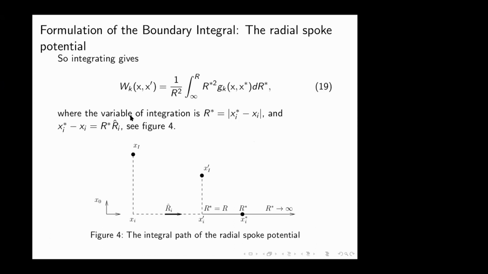Then integrating up, I can get what the value is, and that integration now goes from infinity to the point R. So here, if you look at figure 4, if I've got a point xi and a point xi prime, this part of the new potential function is obtained from integration going from infinity to r, where r star is the variable of integration for that integral.